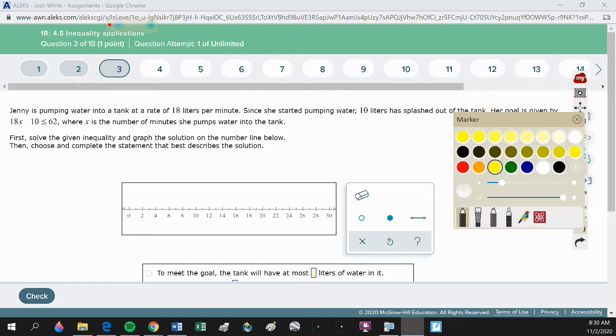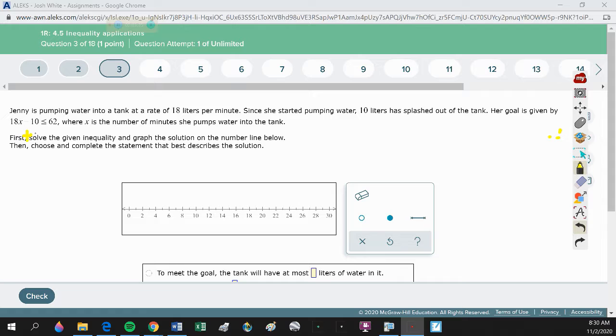To solve this, we add 10. 18x is less than or equal to 52. Whoa, sorry, divide by 18. And I get x is less than or equal to 3. How do I graph that? Oh, wait, I messed up.